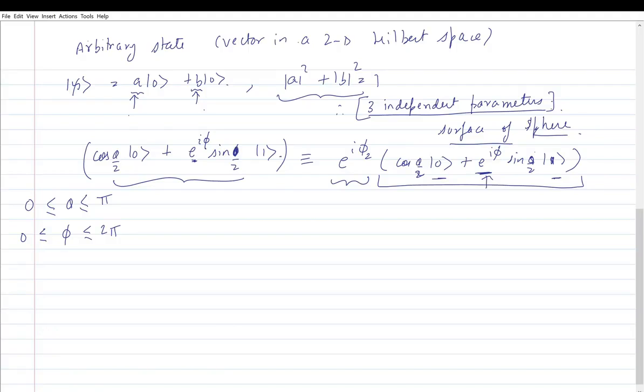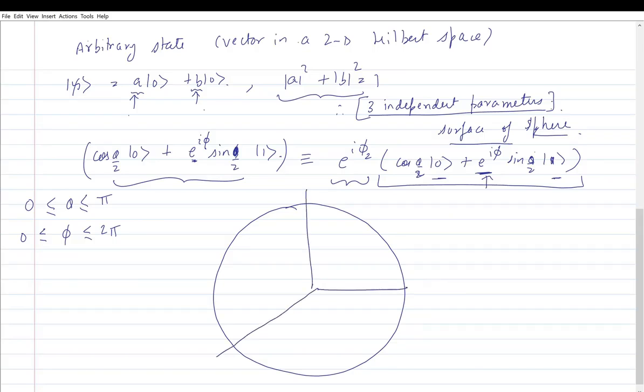This is actually theta, and that defines for me the surface of a sphere over here. I have the x-axis, the y-axis, and the z-axis. So this is my 0, where the theta and phi now are the polar angle and the azimuthal angle.